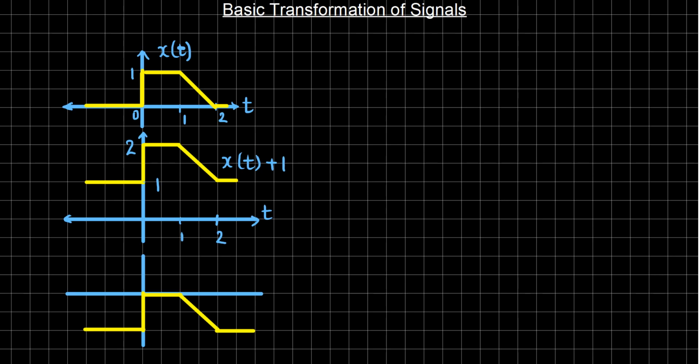You may see that this is the original signal. The same original signal is being shifted downwards by 1 unit. So this line will come here. This line will come here. That has come here. Let me mark the axis. That is 0.